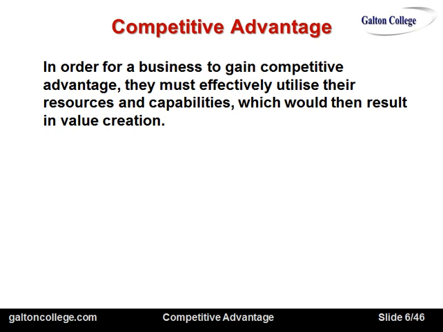It just doesn't happen. The managers in the business must set themselves the objective of gaining a competitive advantage. It's a conscious decision. It's a process that the management must undertake, trying to, if you like, outsmart the competition.